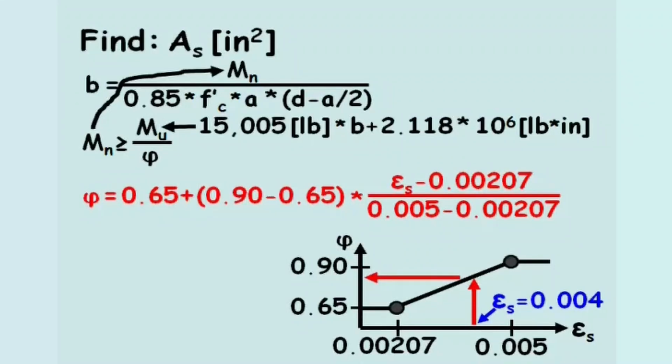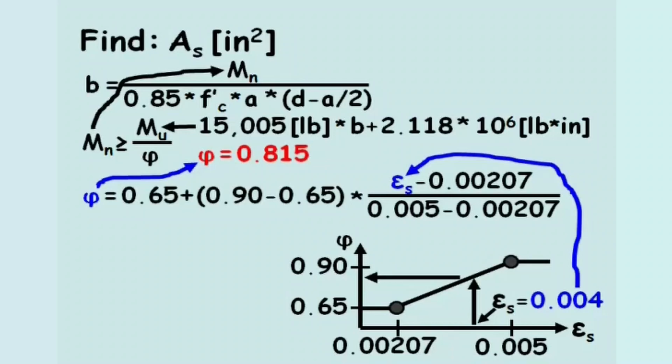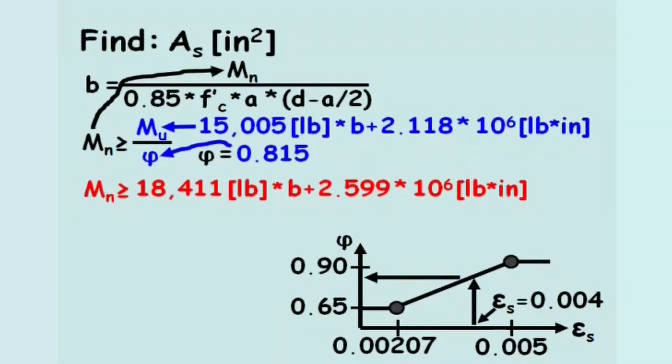After plugging in 0.004 for the strain in the steel, the strength reduction factor equals 0.815. Now we can solve for the nominal moment. By plugging in the appropriate values, the nominal moment shall be at least 18,411 pounds times B plus 2.599 times 10 to the 6 pounds inches.